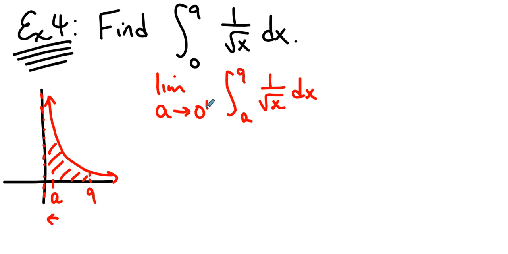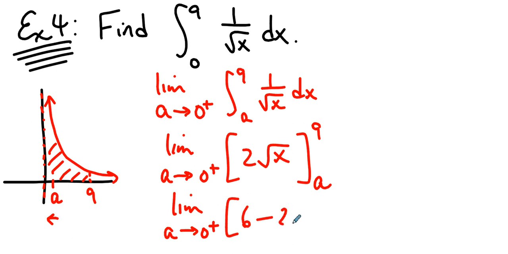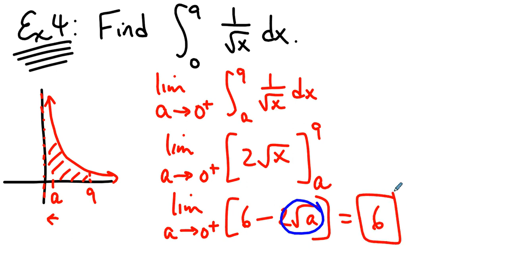It's a limit as a approaches 0 from the right of the antiderivative from a to 9. How do we do that? The 9 goes in, the a goes in. What happens to this as a goes to 0? As a goes to 0, this drops out, and you're left with 6.